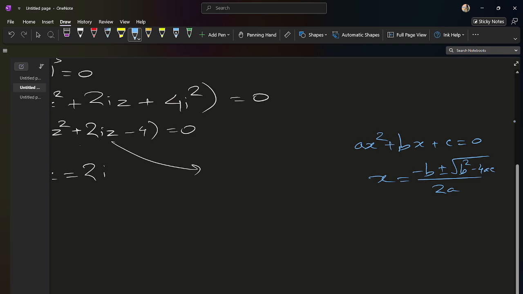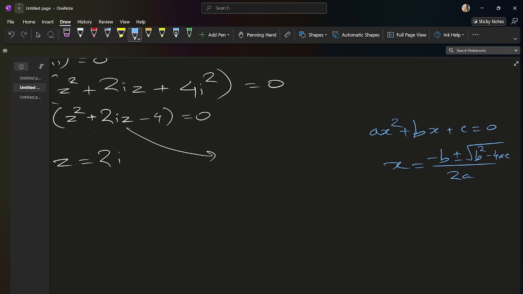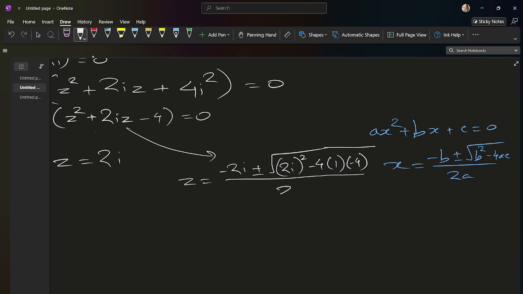So we are only using this thing here. So z equals, that is minus 2i, that means minus b, plus minus root over b square minus 4 into a into c, by 2 into a, that is 2a.